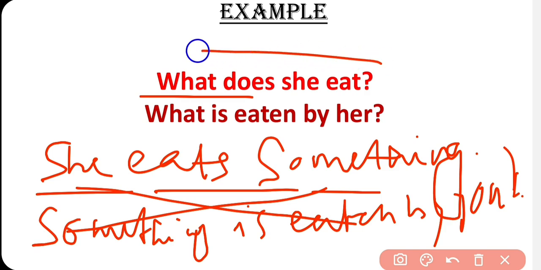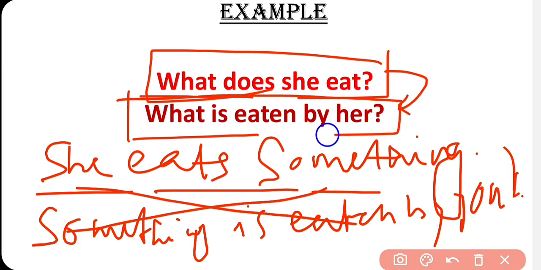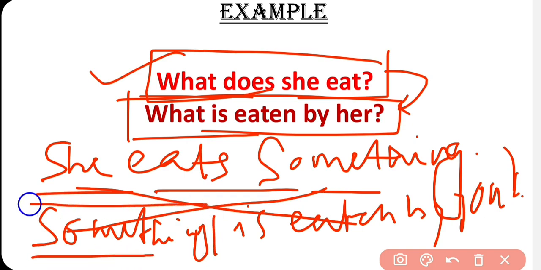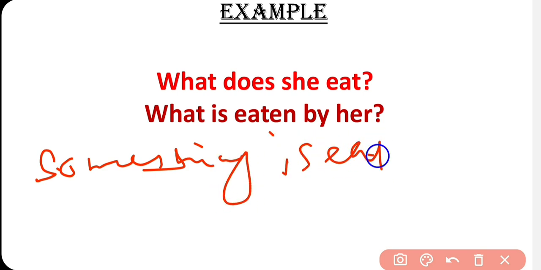Now since the question was given to you in an interrogative sentence, you have to change it into an interrogative sentence. The passive form of this sentence will be in the interrogative form. So what will be the passive form? Notice. What did I say? I have guessed something in place of what. What did I take in place of what? I took something. You have to remove something, and in place of something you have to put just the WH word, that is what. So something is eaten by her.